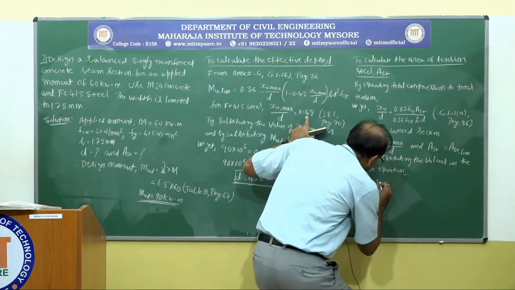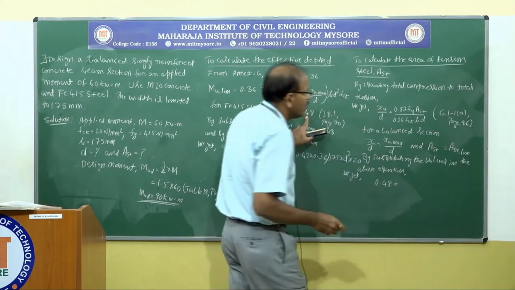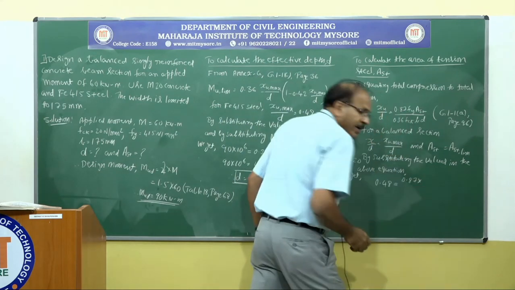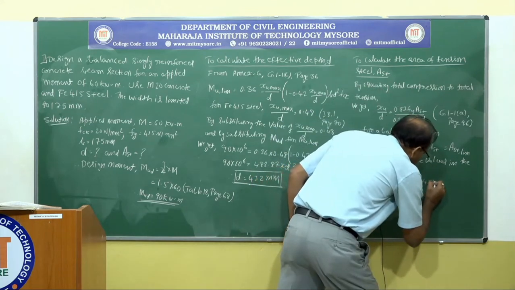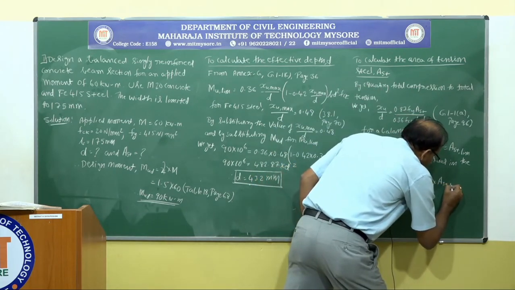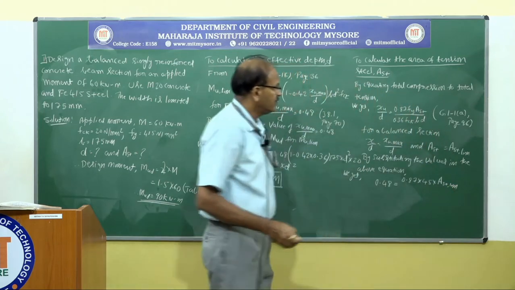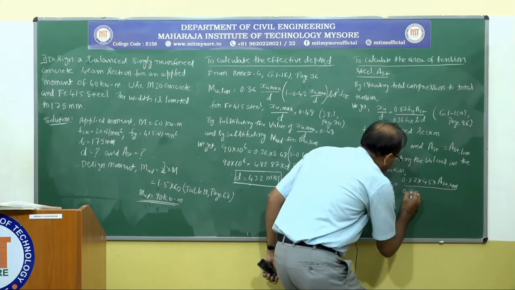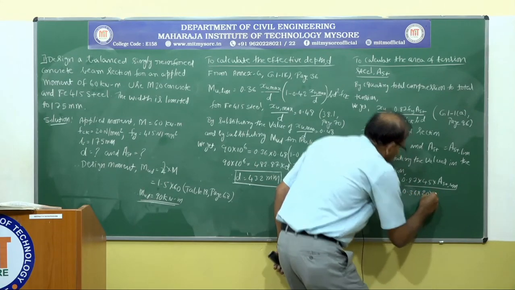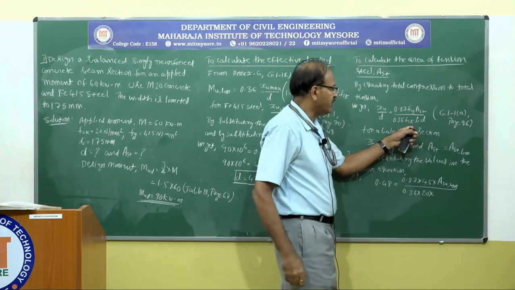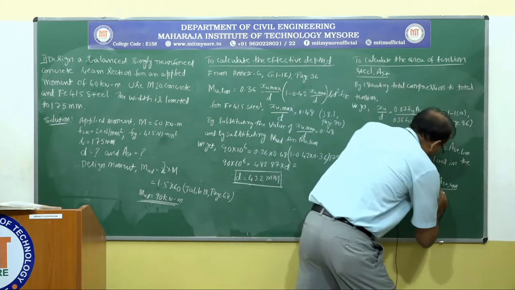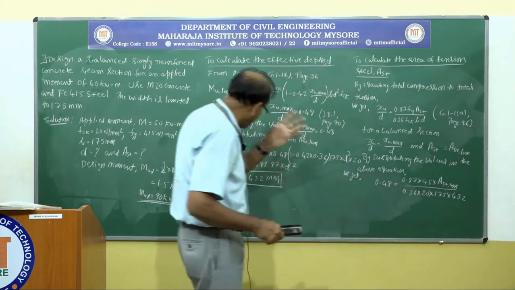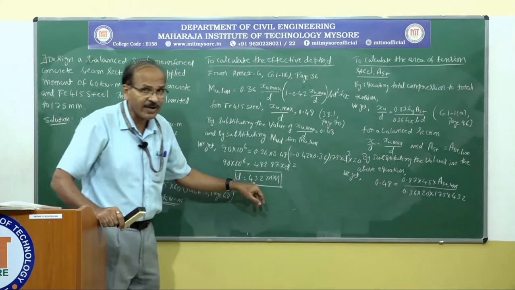So 0.48 equals 0.87 Fy steel, that is 415, into AST becomes AST limit, divided by 0.36 multiplied by M20 concrete. So FCK is 20, B is given 175 and D is 432. That is the effective depth for a balanced section which we calculated just now.